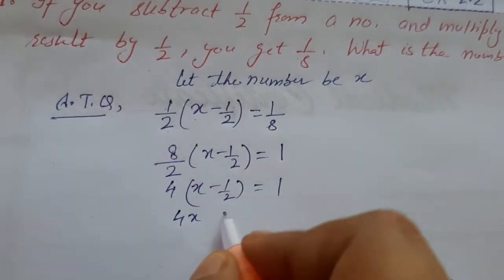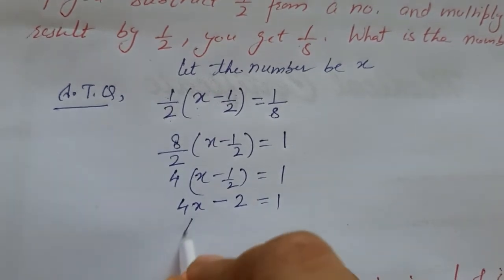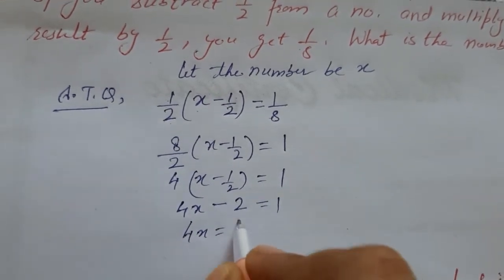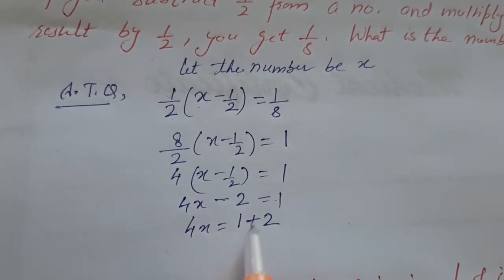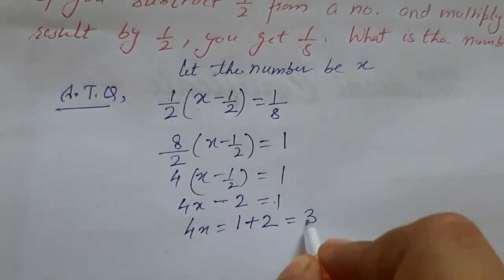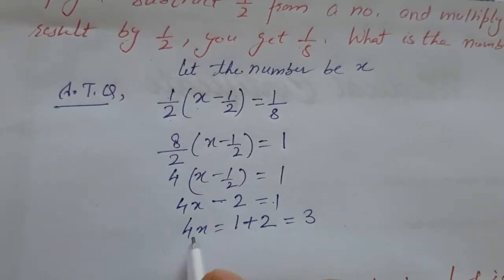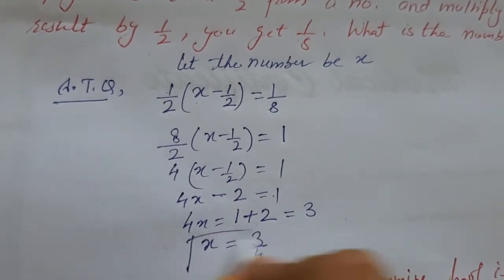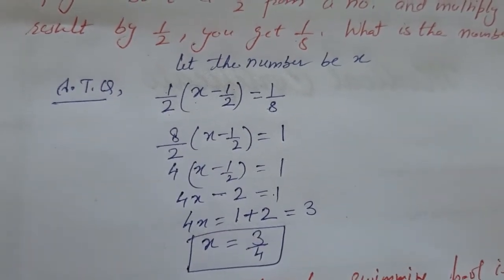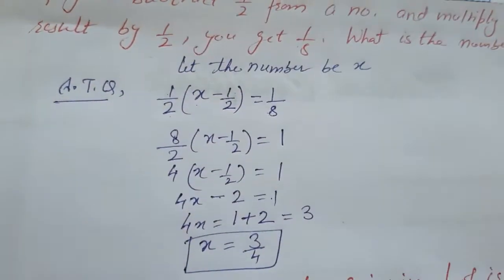It will become 4x minus 4 into half, which is 2, is equal to 1, or 4x is equal to 1 plus 2. When we transpose minus 2 here, it will become plus. That comes out to be 3. Now divide 3 by 4, so x will come out to be 3 by 4. So this is the given number that was asked.